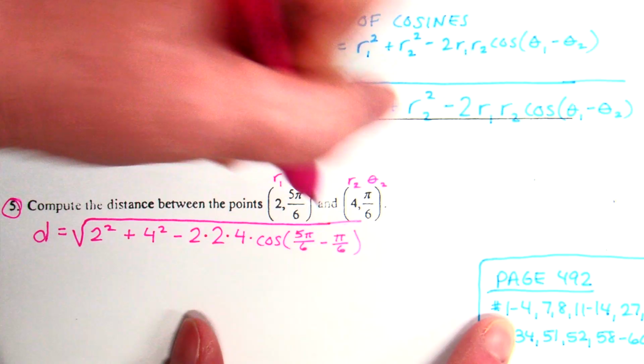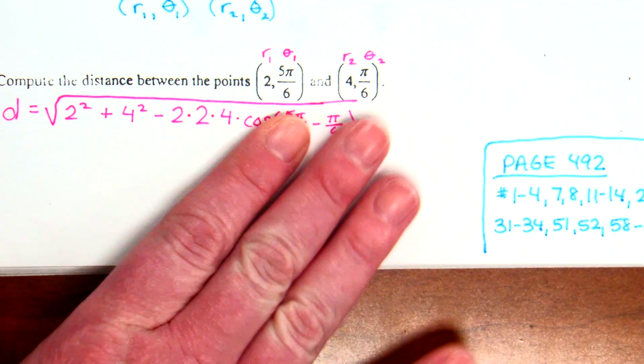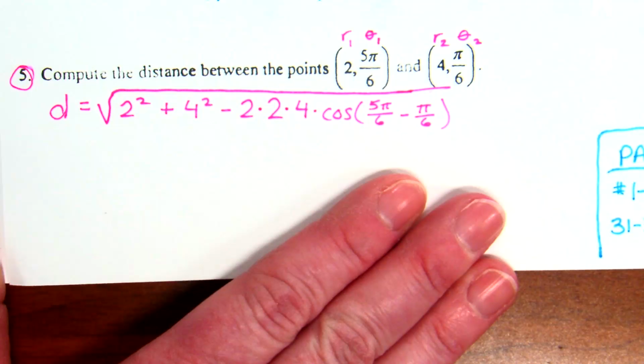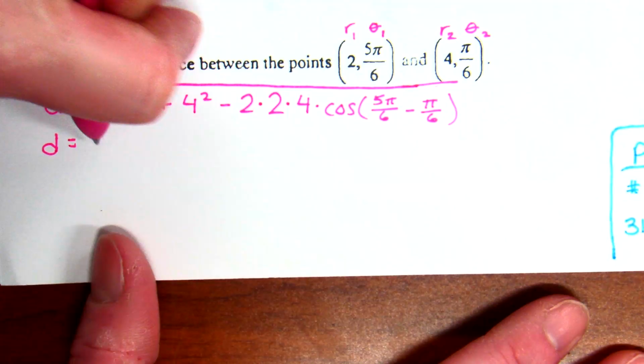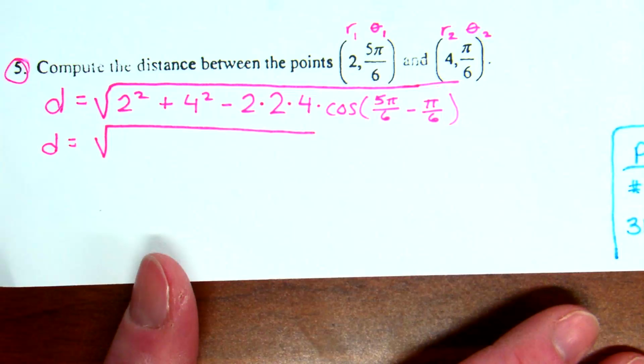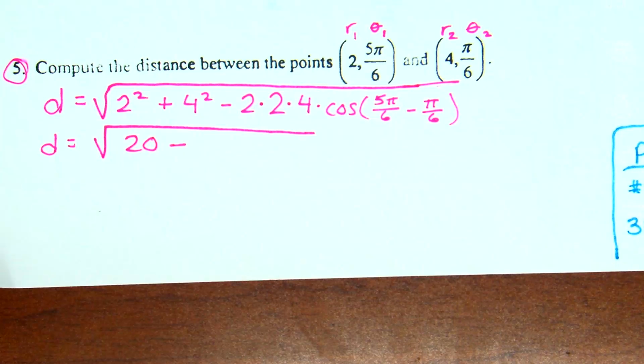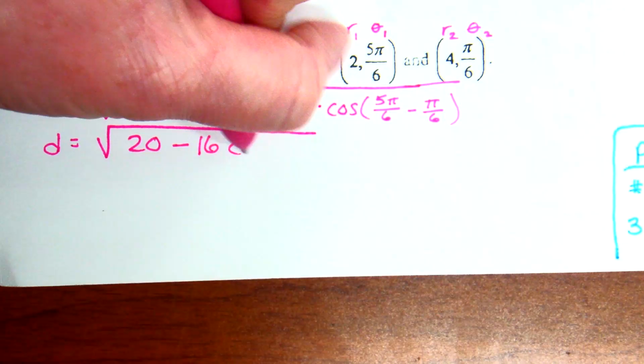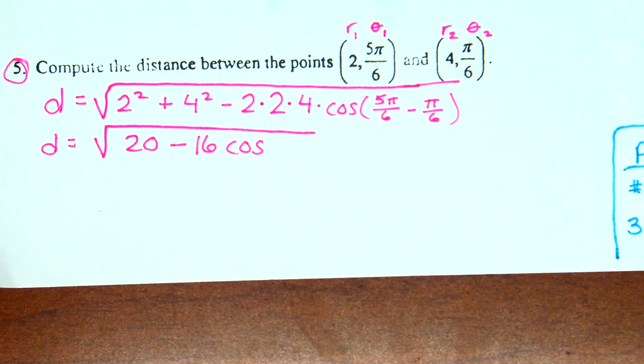Okay. Do some cleanup is my recommendation. What do you know about 2 squared plus 4 squared? 20. 4 plus 16, so it's going to be 20. Minus, what about 2 times 2 times 4? 16 cosine of, what about 5 pi over 6 minus pi over 6? 4 pi over 6.